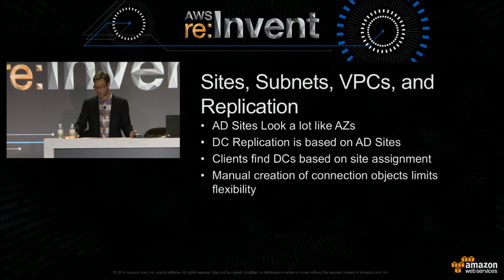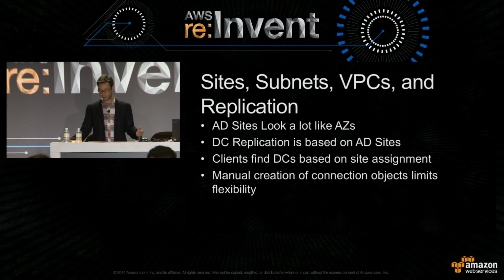When the KCC generates replication connections, it creates more connections between DCs that are in a site than DCs that are across sites. So the results are lower replication latency inside of a site and less bandwidth used across sites.